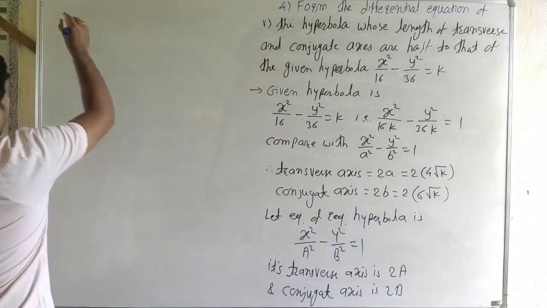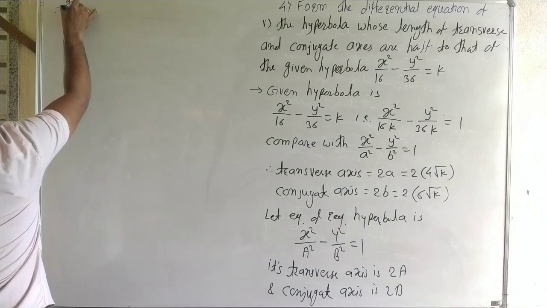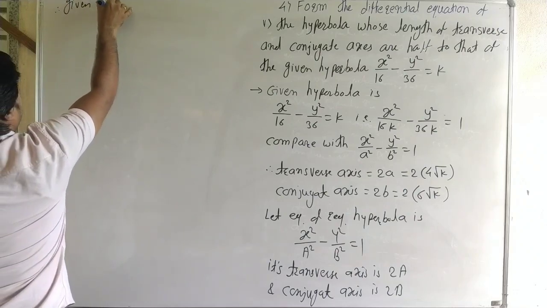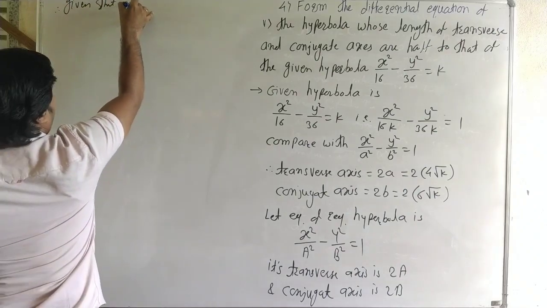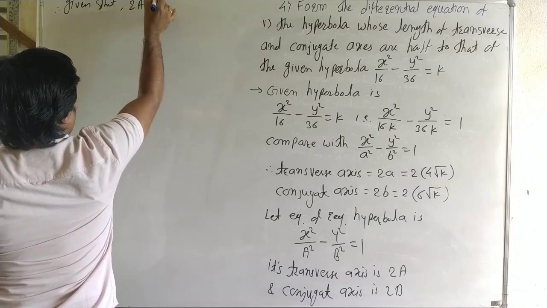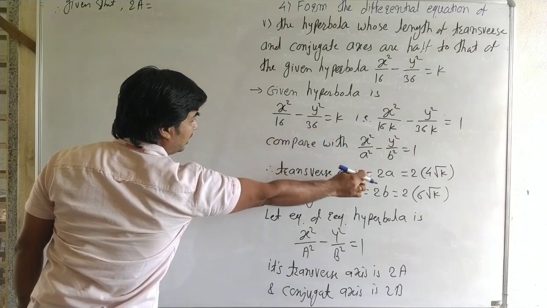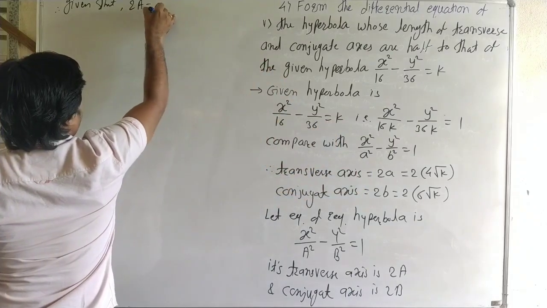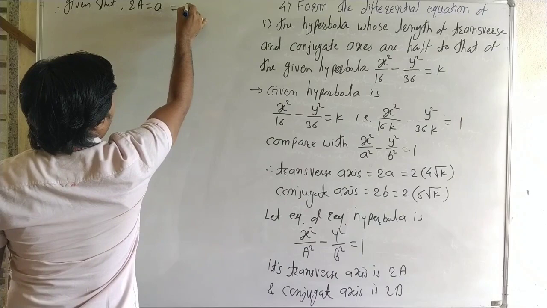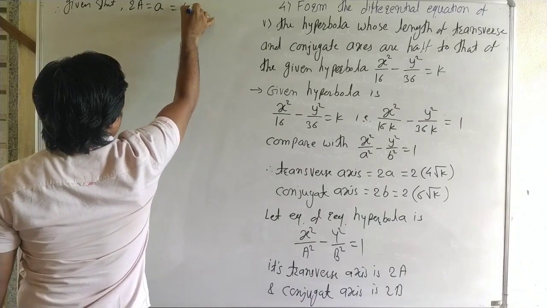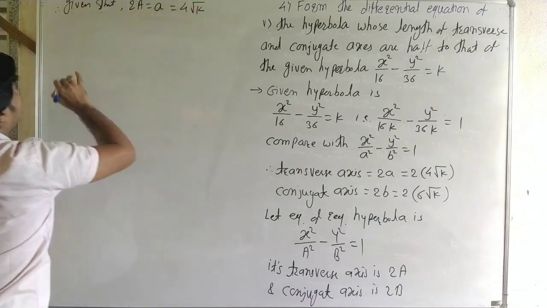And then given that 2A is equal to half of this, the transverse axis of the given hyperbola, it is 2a, and that is 4 under root k. See carefully.